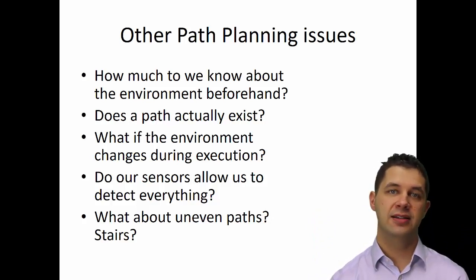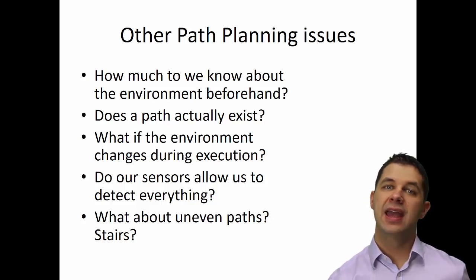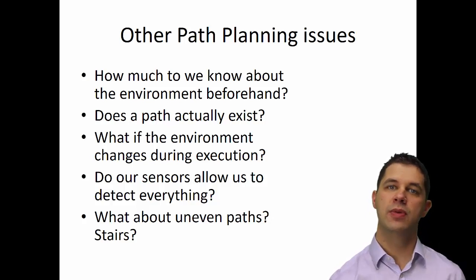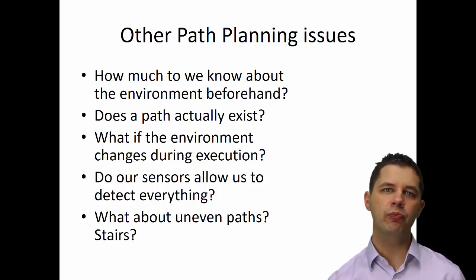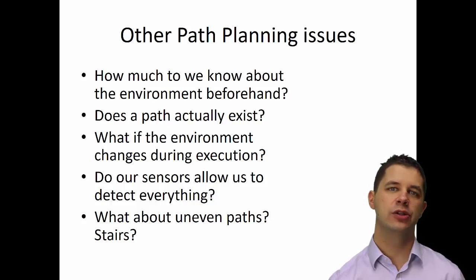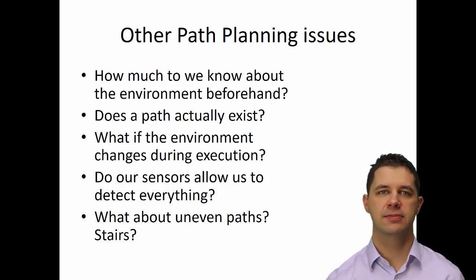Is there a double brick wall in the way that's preventing us from doing so? Is a path maybe available some of the time, for example when a particular door is open, but not other times? Well, what if the environment changes during the execution? What if there's things moving, whether it be a person walking through, or a cat or a dog, or a door being opened or closed? All those things can affect us.